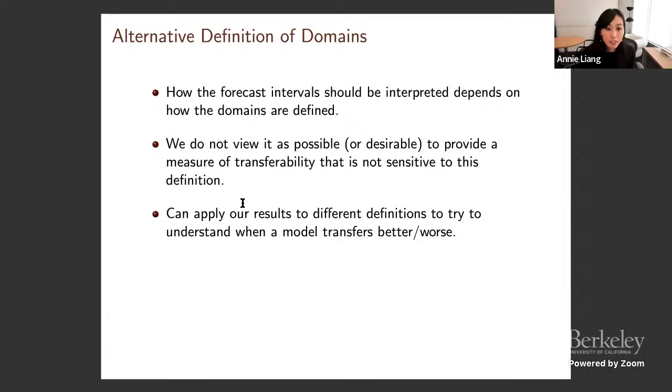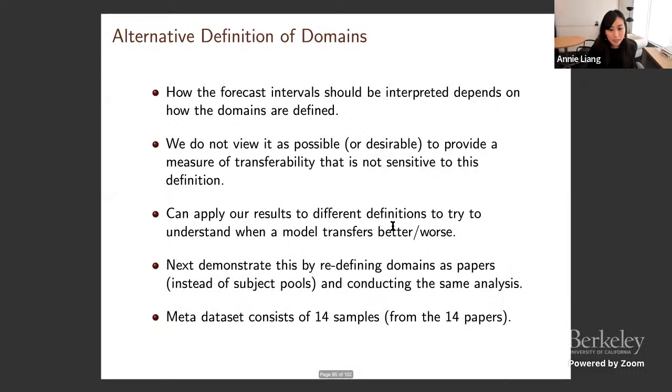In fact, we can apply results to different definitions of domains to understand across what dimensions a model is going to transfer better or worse. And we can, in fact, look at that within our specific application. So what we do next is we redefine domains. Instead of subject pools, we're going to define domains as papers, right? The papers from which we got the data sets.